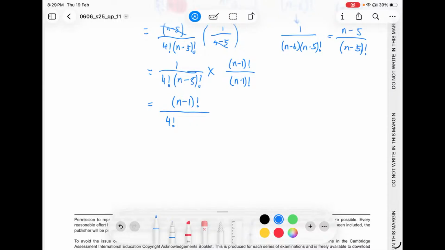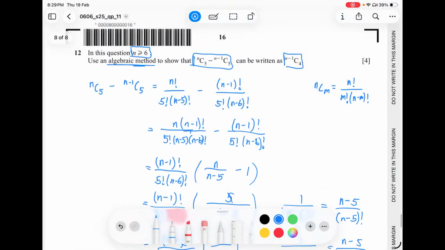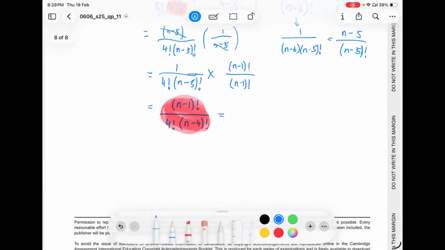N minus 5 factorial times n minus 1 factorial is basically n minus 4 factorial, because when you expand it, you will get n minus 4 factorial. So now we have the combinations form for the equation. This aligns with the general form over here. So now we can just write this as n minus 1 choose 4, as shown.